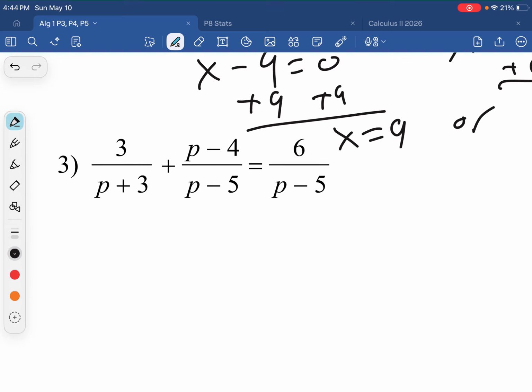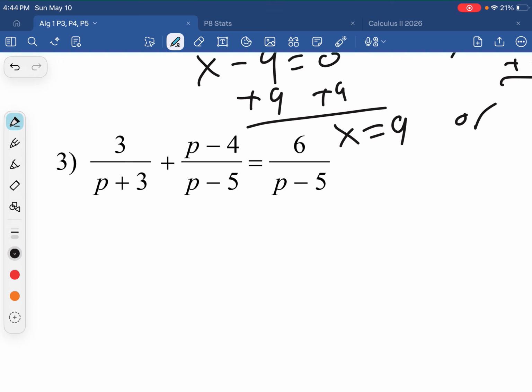All right, for this last one here, I've got 3 divided by p plus 3 plus p minus 4 divided by p minus 5 is equal to 6 over p minus 5. In the same way that we can work with fractions and then multiply by the least common denominator to not have to be dealing with fractions, we can do the same thing here.